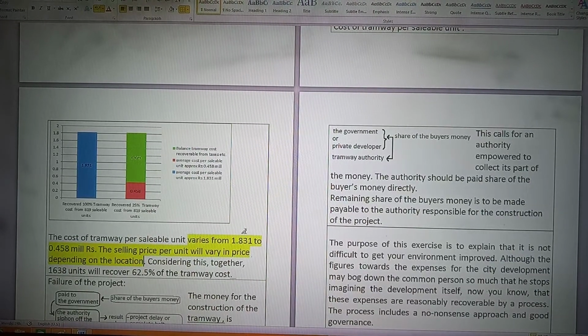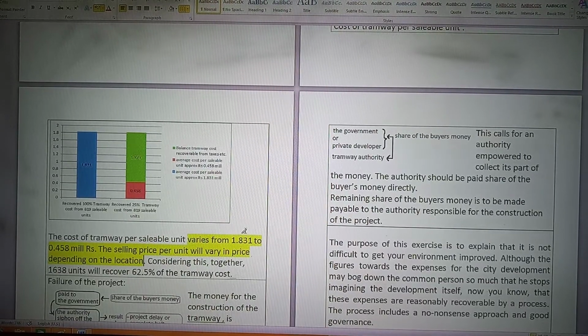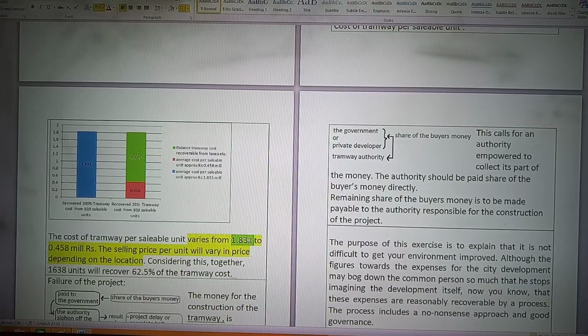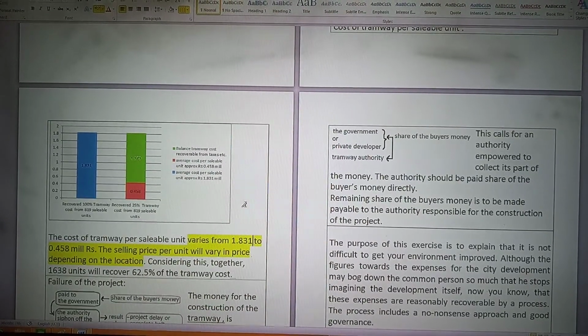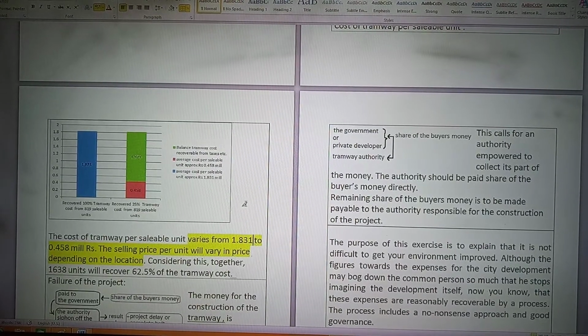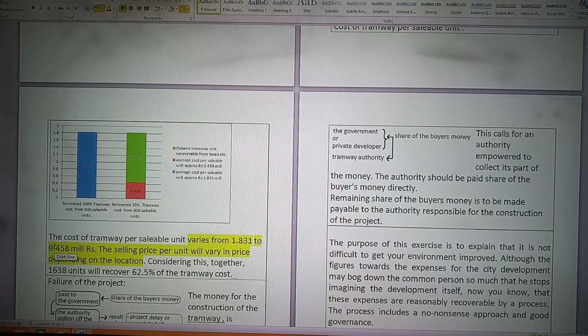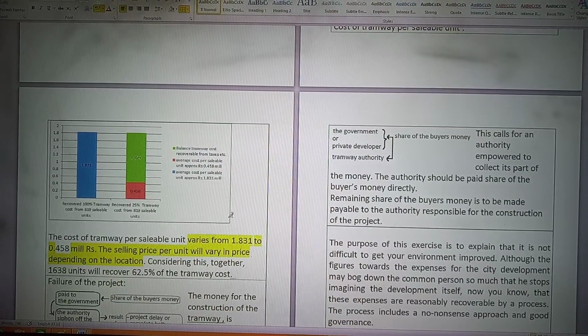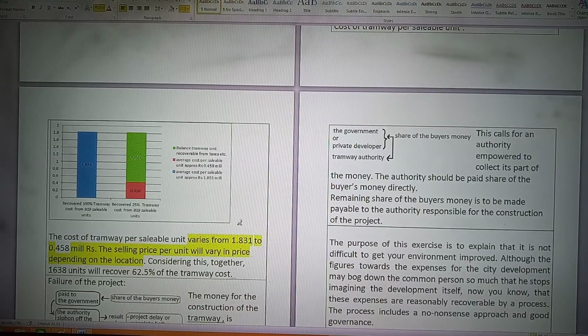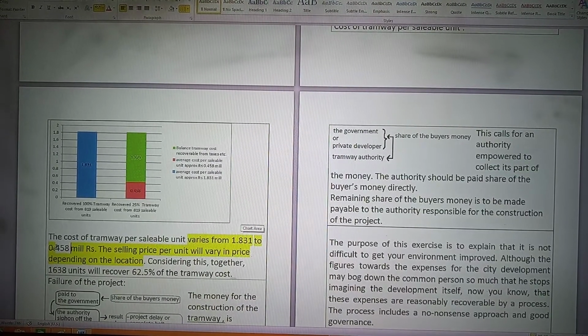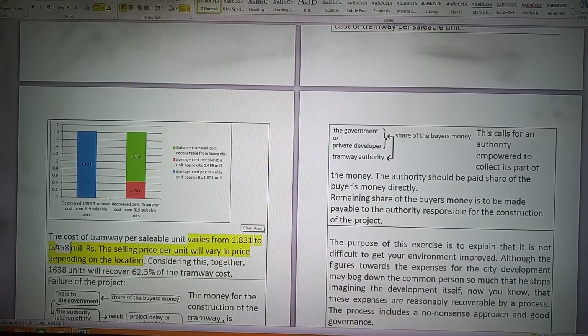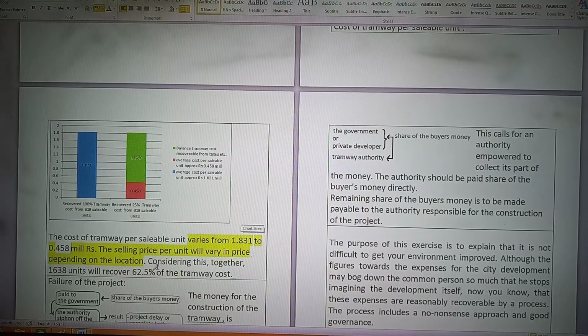Where the location is advantageous, the price is going to be high, and we assume that 1.83 million, about 18 lakh rupees, will be added up and payable by the purchaser, whereas where the locational advantages bring down the price a little bit, we can have about 500,000 rupees, half a million rupees, added to the saleable unit.